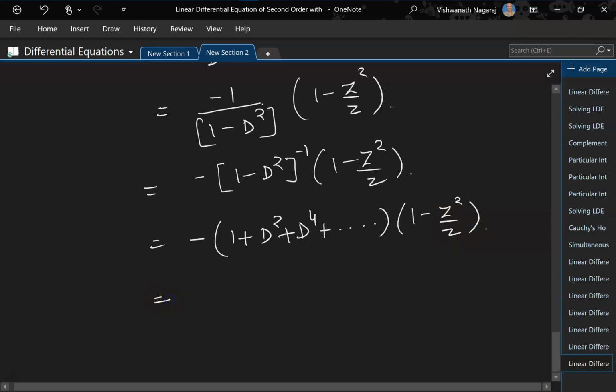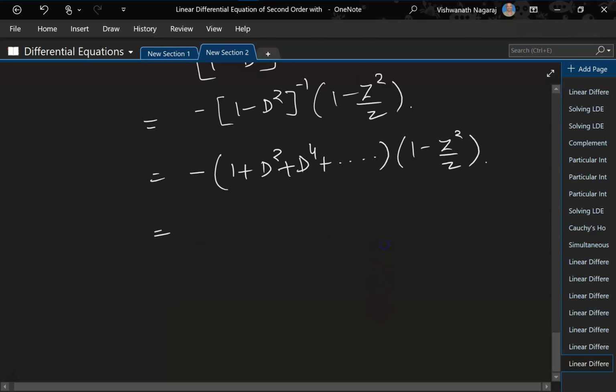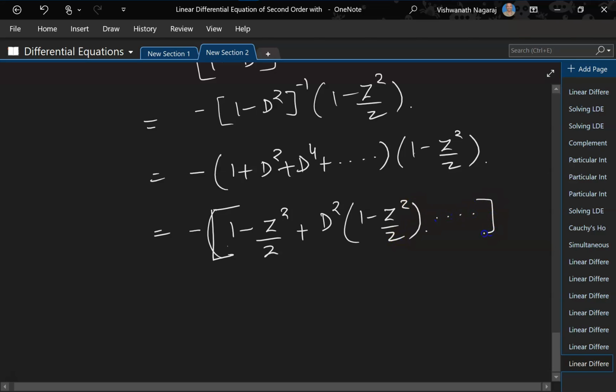Now let's multiply this. What do we get? Minus, let's keep it outside itself, 1 times this, so 1 minus z square by 2, plus D square of 1 minus z square by 2, and so on.